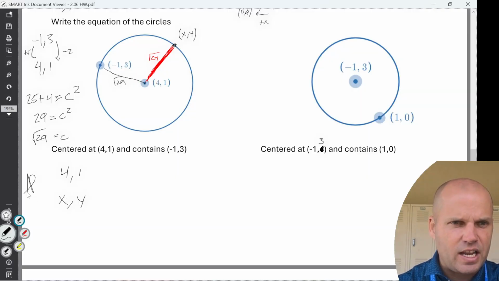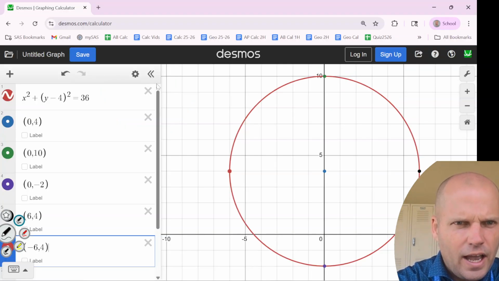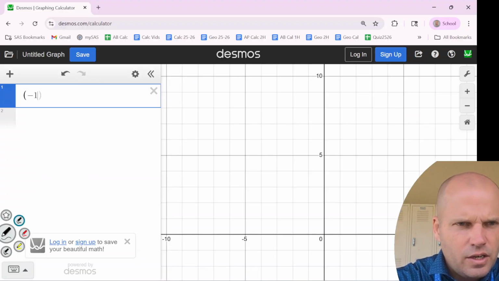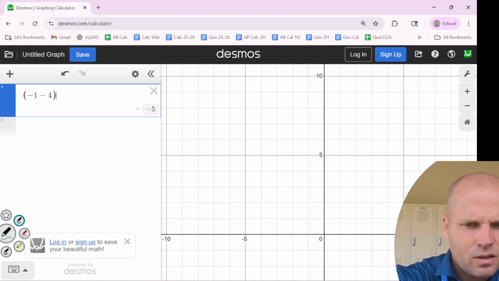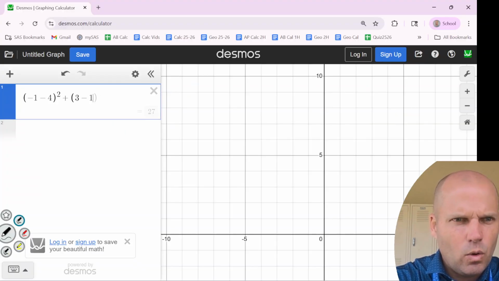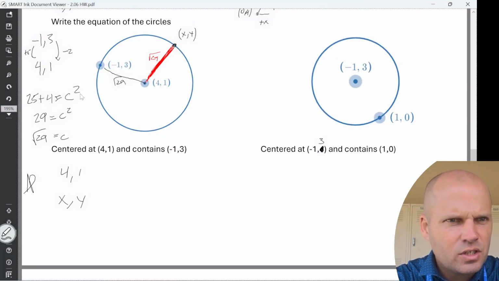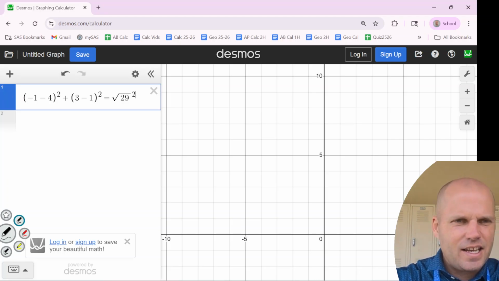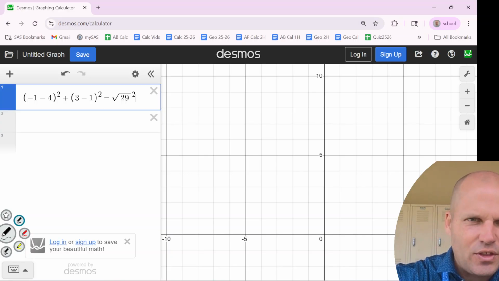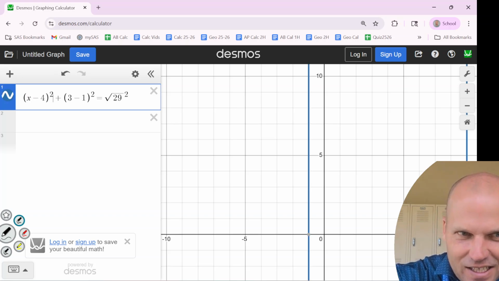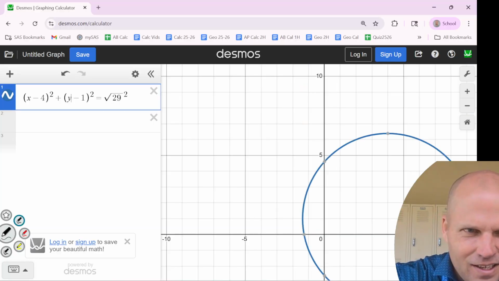This is where students make mistakes, because a lot of students will just type in the (−1 − 4)² plus the (3 − 1)² equals c². And it's like, nothing happens. Yeah, of course, nothing happens, because we want the hypothetical x, y.